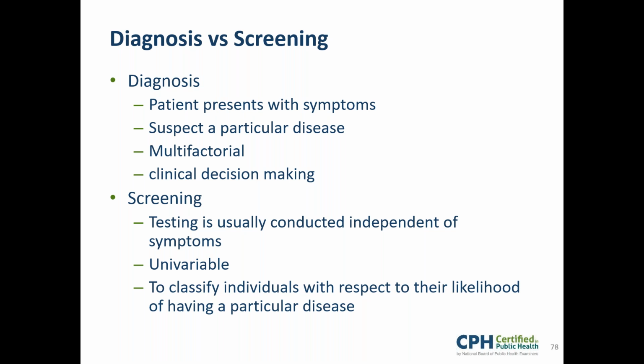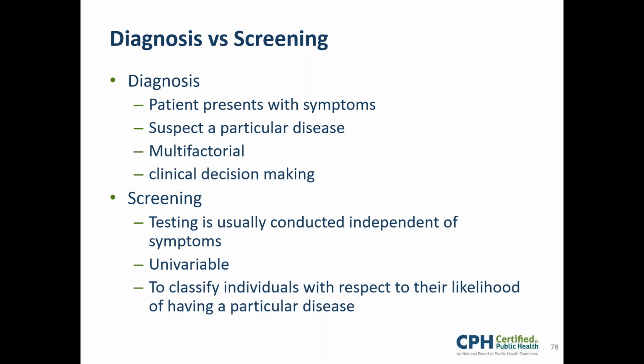So we need to think about diagnosis versus screening. And in diagnosis, these are some simple parameters to help you differentiate. In diagnosis, a patient presents with symptoms, and the physician or clinician may suspect a particular disease. There are usually a multitude of symptoms that the patient presents with, and clinical decision-making takes place to move forward.